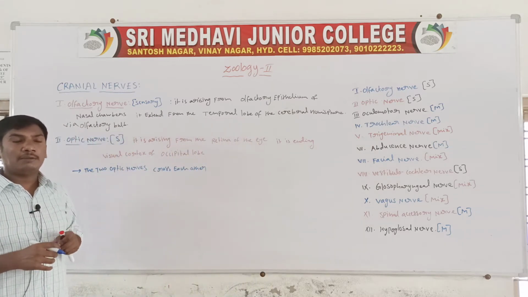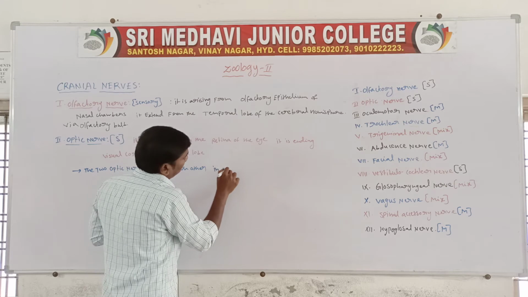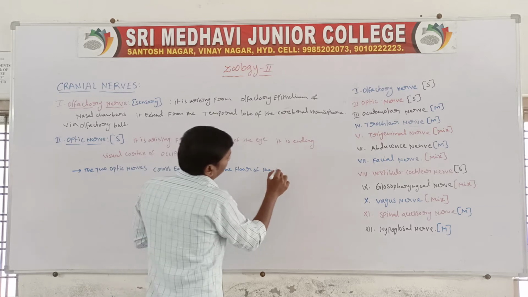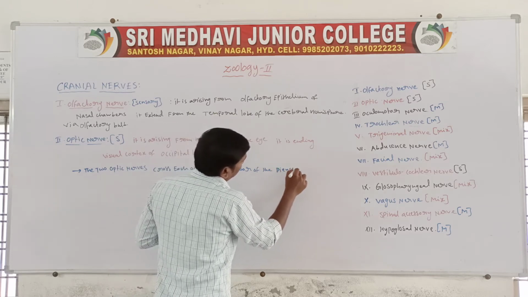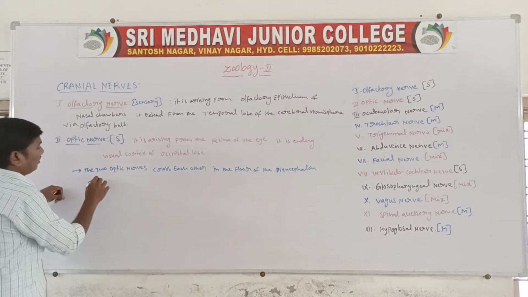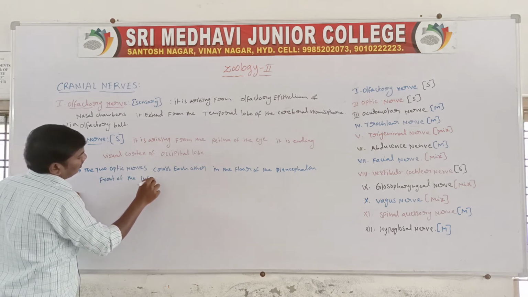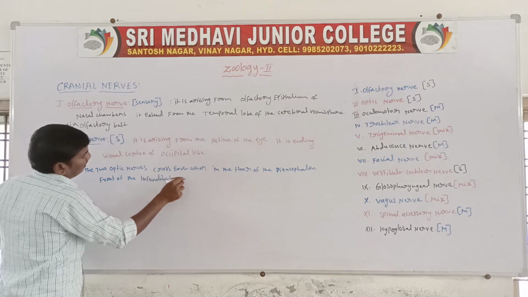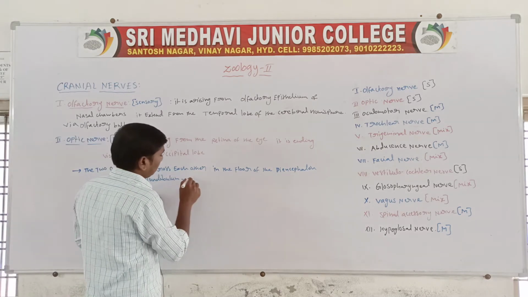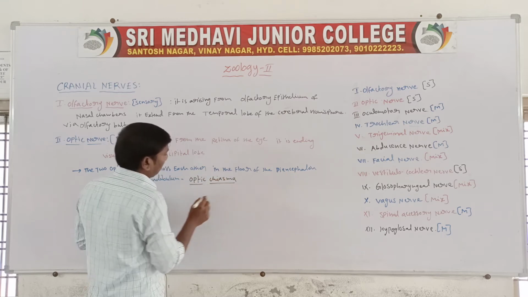They cross in front of the infundibulum, on the floor of the diencephalon. This forms the optic chiasma.